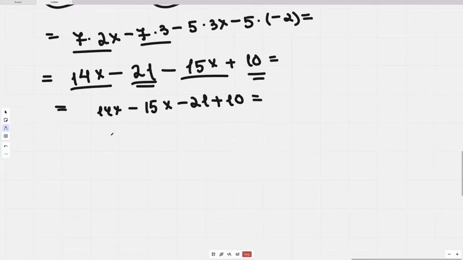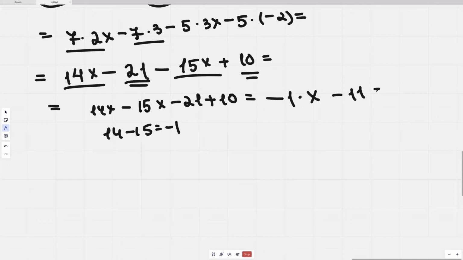So 14 minus 15 is equal to -1. We are not considering the x's here, just adding or subtracting the coefficients. So -1 multiplied by x, and minus 21 plus 10 is equal to -11.